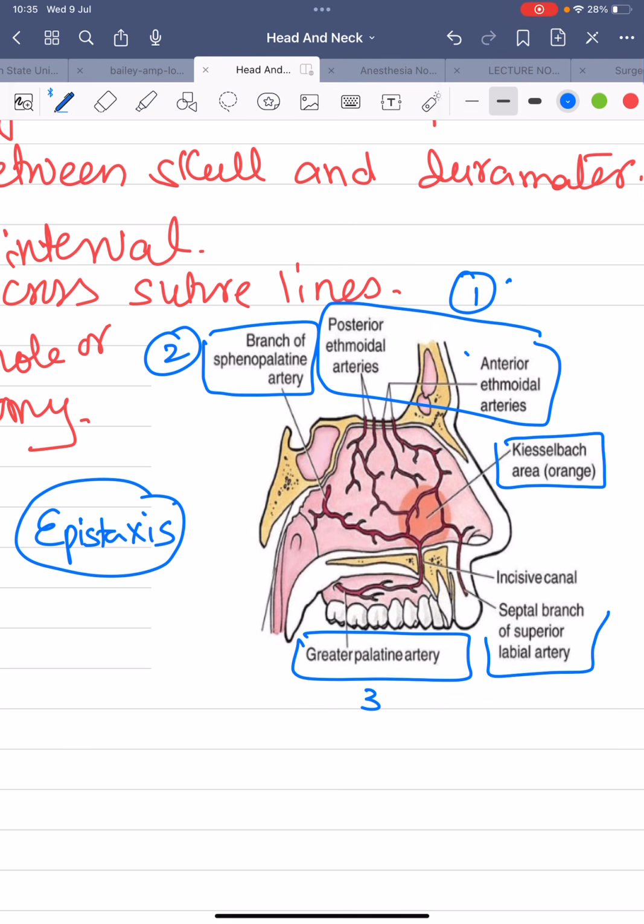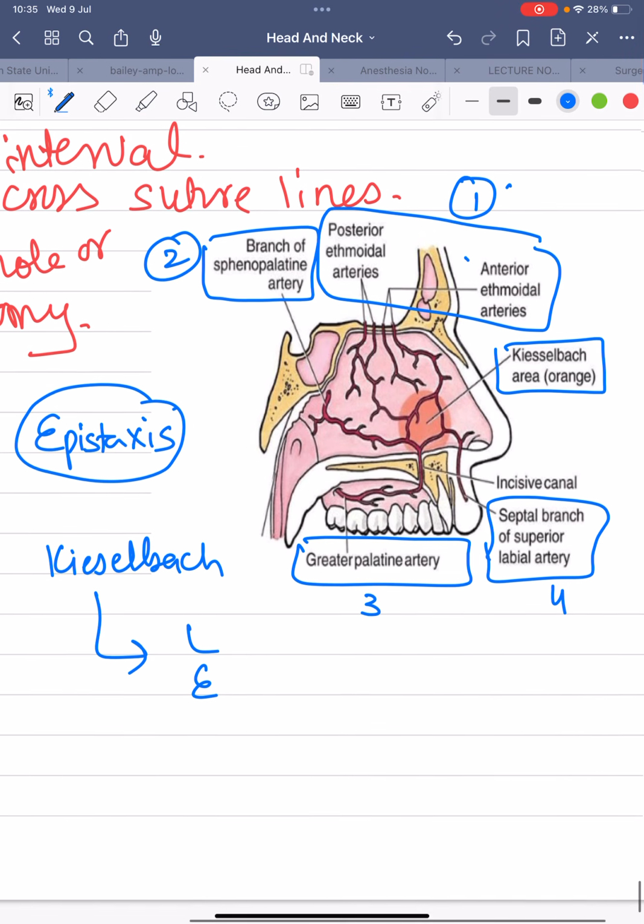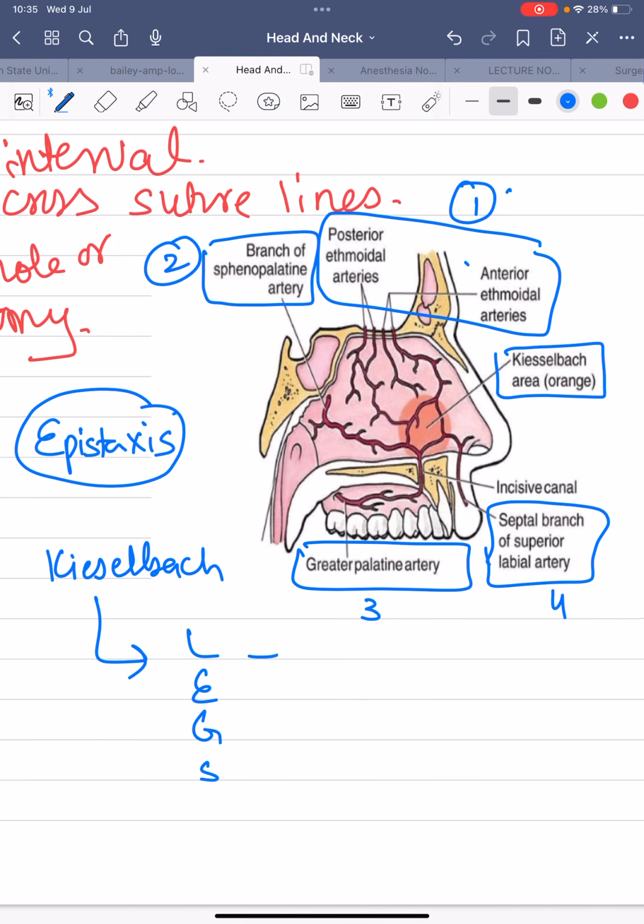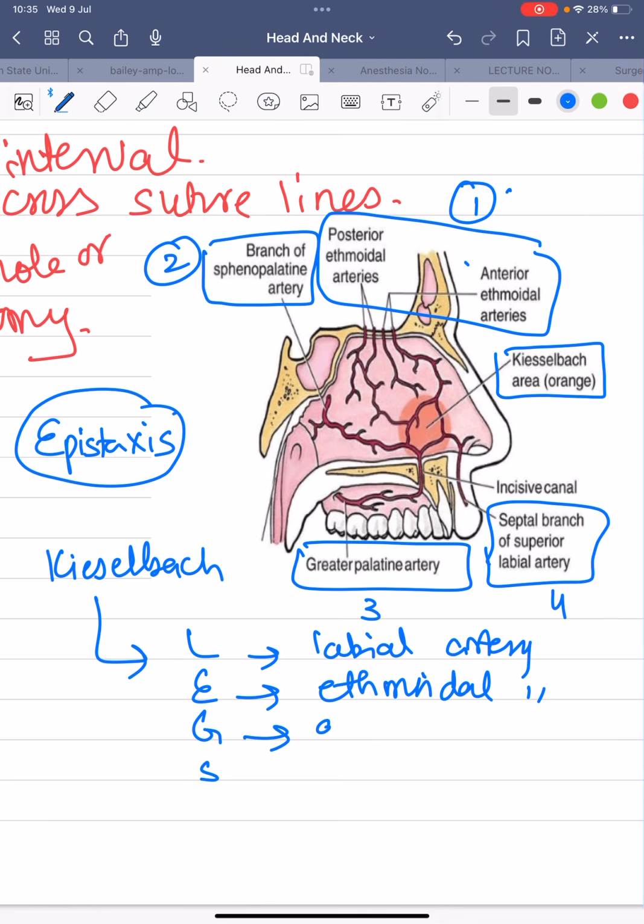So, Kiesselbach plexus. Please remember the mnemonic is LEGS. L is your labial artery. E is your ethmoidal artery, anterior and posterior. G is your greater palatine artery. And S is your sphenopalatine artery.